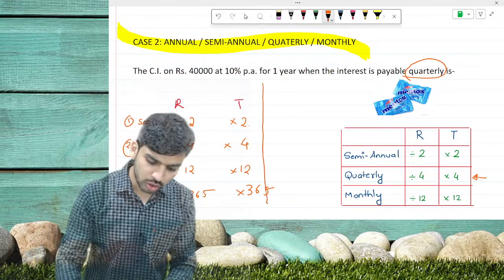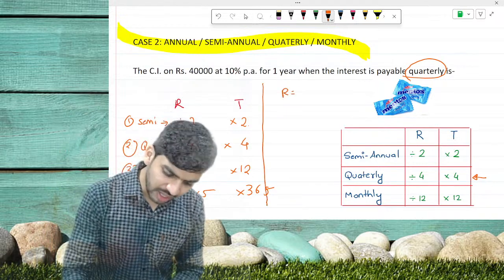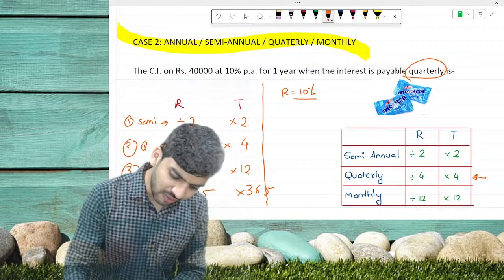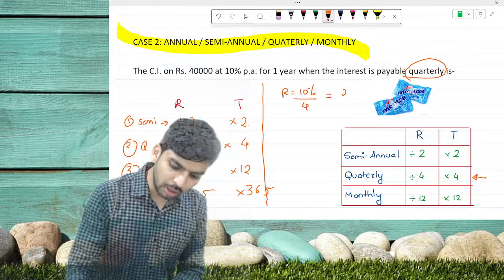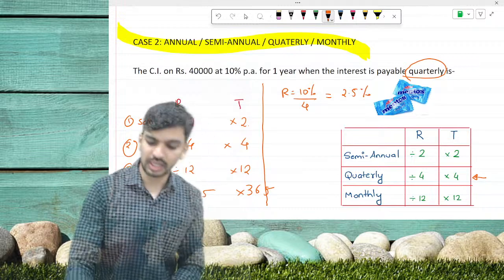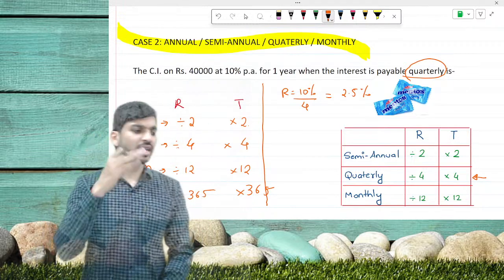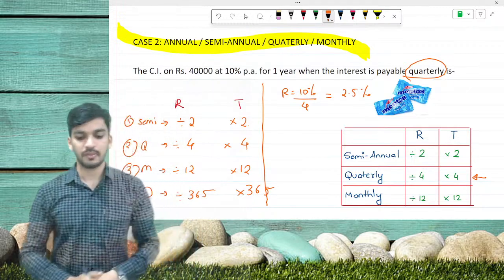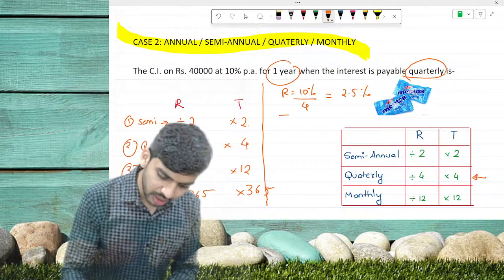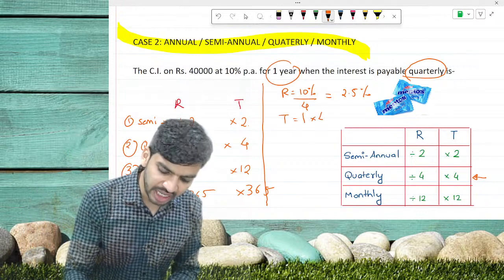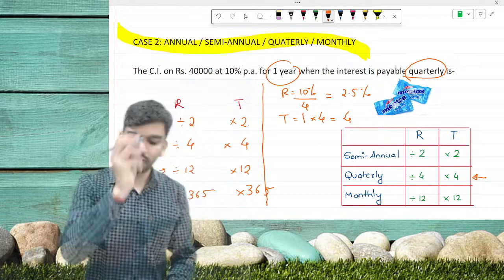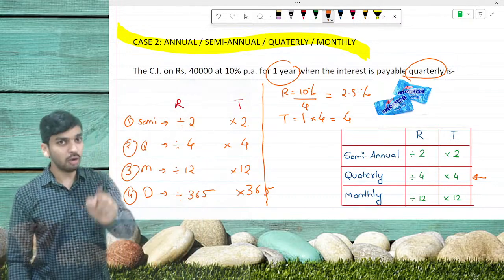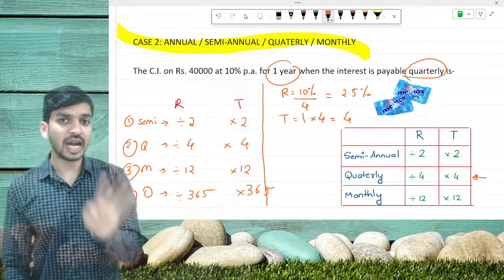So let's see how to solve. Rate given is 10% divided by 4, so it's going to be 2.5%. This is our new rate of interest that we are going to use. Time given is 1 year multiplied by 4, it will become 4.